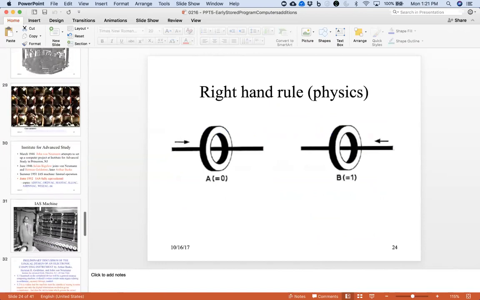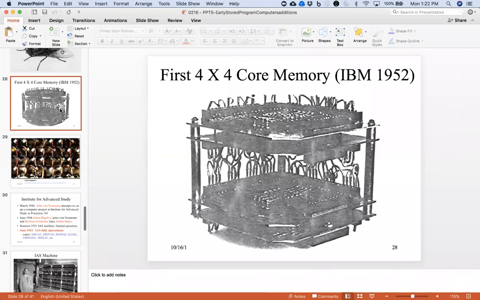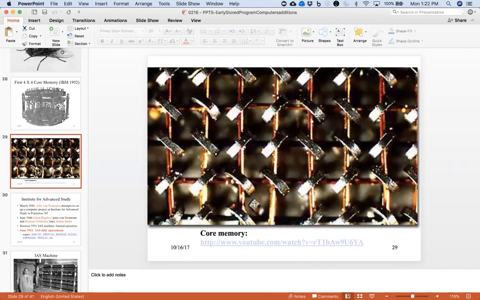There are a few more I'm going to show you, and I think we'll go ahead and stop in a few minutes. But the thing that I want to show you is the type of memory that would become very popular in the 1950s. This is called magnetic core memory. The way that core memory works is that it's arranged in basically a grid.